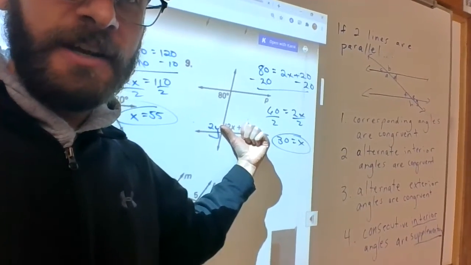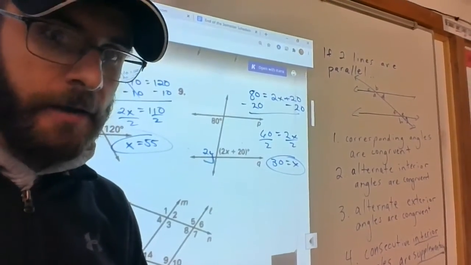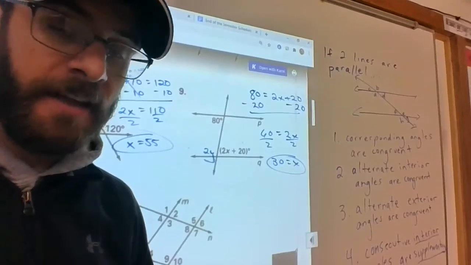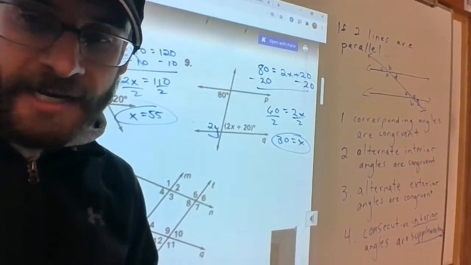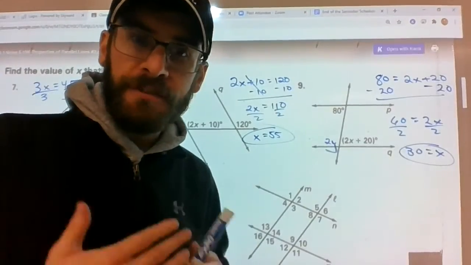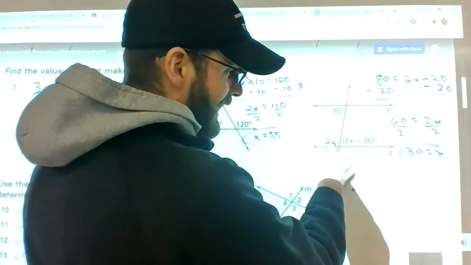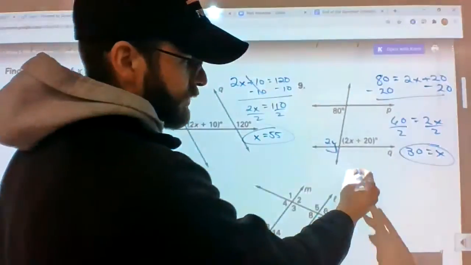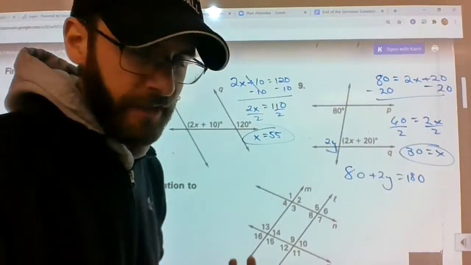These would be consecutive angles, consecutive interior, which means they add up to 180. They're supplementary. So that's what you would do if you encountered that situation on the homework. If you encountered back-to-back angles inside here, you'd say 80 plus 2y must equal 180, and then you'd solve the equation like normal.